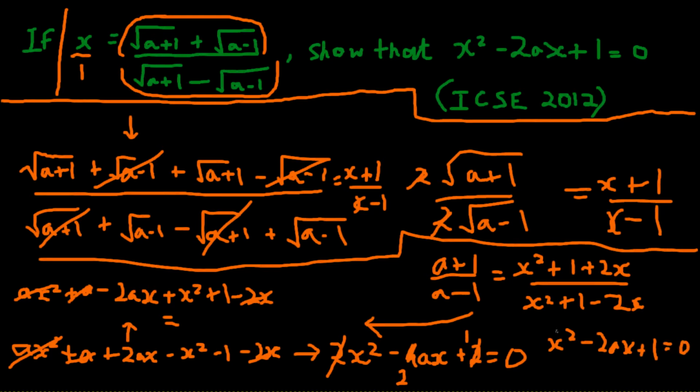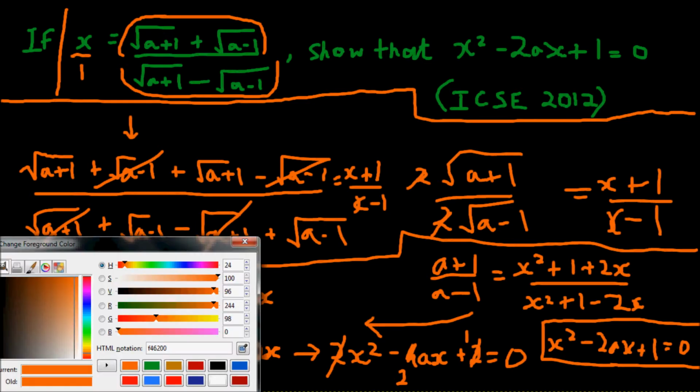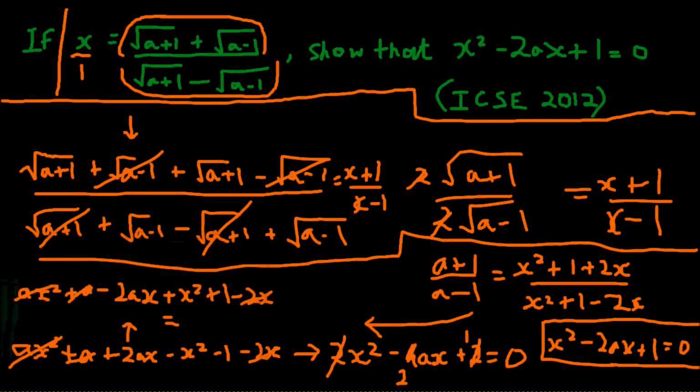So compare this with what you needed to prove in the beginning. This is exactly what you had to prove. So right now it looks pretty long. That's only because I've written it pretty big. And this whole first step, the major part where you're most likely to go wrong is here.